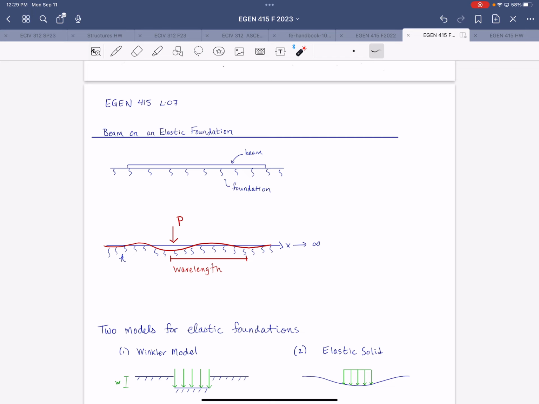I was reading through the introduction to this book, and the author was explaining that, in addition to soils, there are a lot of other very practical applications to the beam on elastic foundation problem. He mentioned networks of beams, for example a floor system in buildings, ships, etc., or very thin-walled circular elements like pressure vessels, tanks, corrugated metal tubes that have some function, maybe underground, maybe above ground.